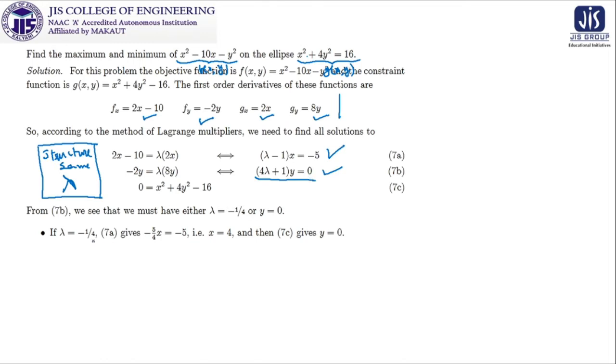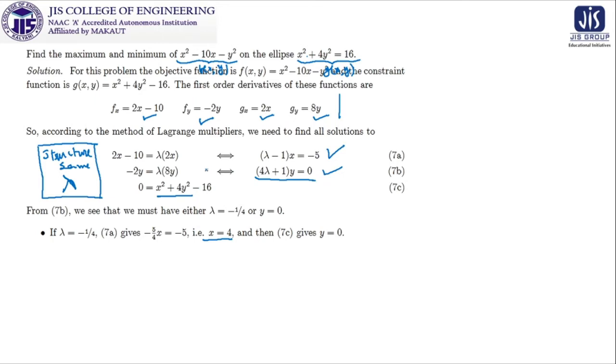Now if lambda is equal to minus 1 by 4, this first equation gives us that x equal to 4, and 7c, that means this last equation, gives us that y equal to 0, because if you put x equal to 4 here, 16 minus 16 will cancel out, so 4y square equal to 0 means y equal to 0.